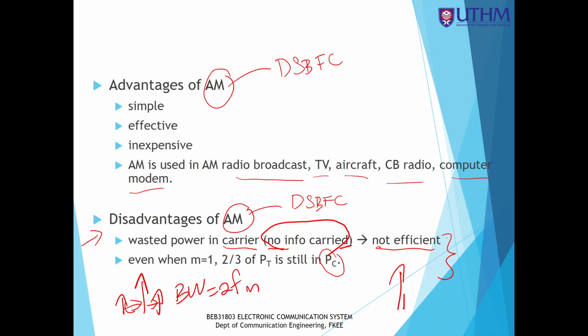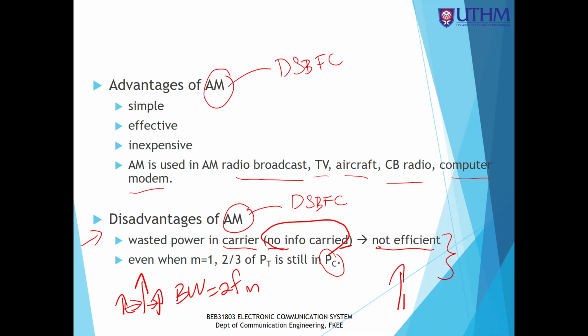So you are given PC and you are given M. So you can calculate the total power. Using the double sideband full carrier equation, power total equals power carrier times bracket 1 plus M square over 2. So put the carrier power here and then put the modulation index.